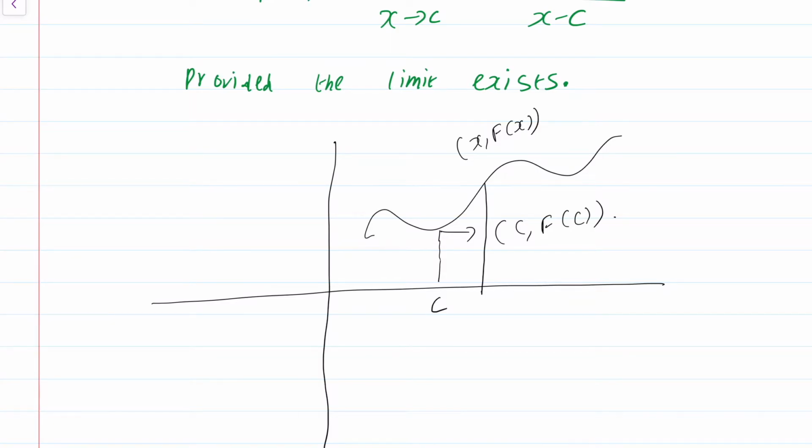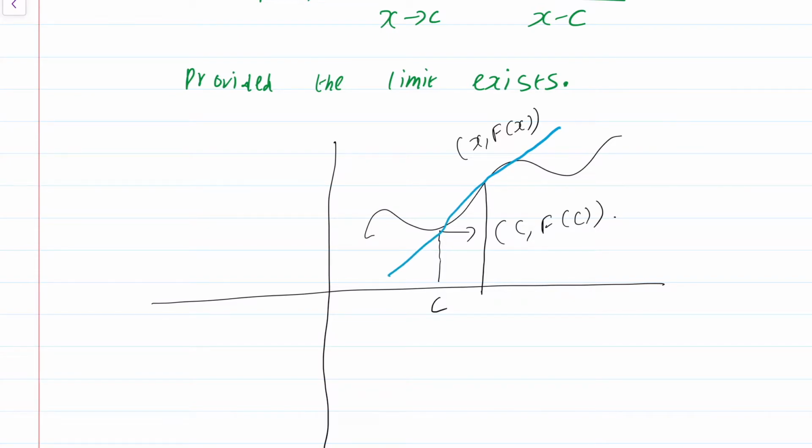Now observe that this f of x minus f of c by x minus c is nothing but the slope of this line that passes through x, f of x and c, f of c. That's just this line.